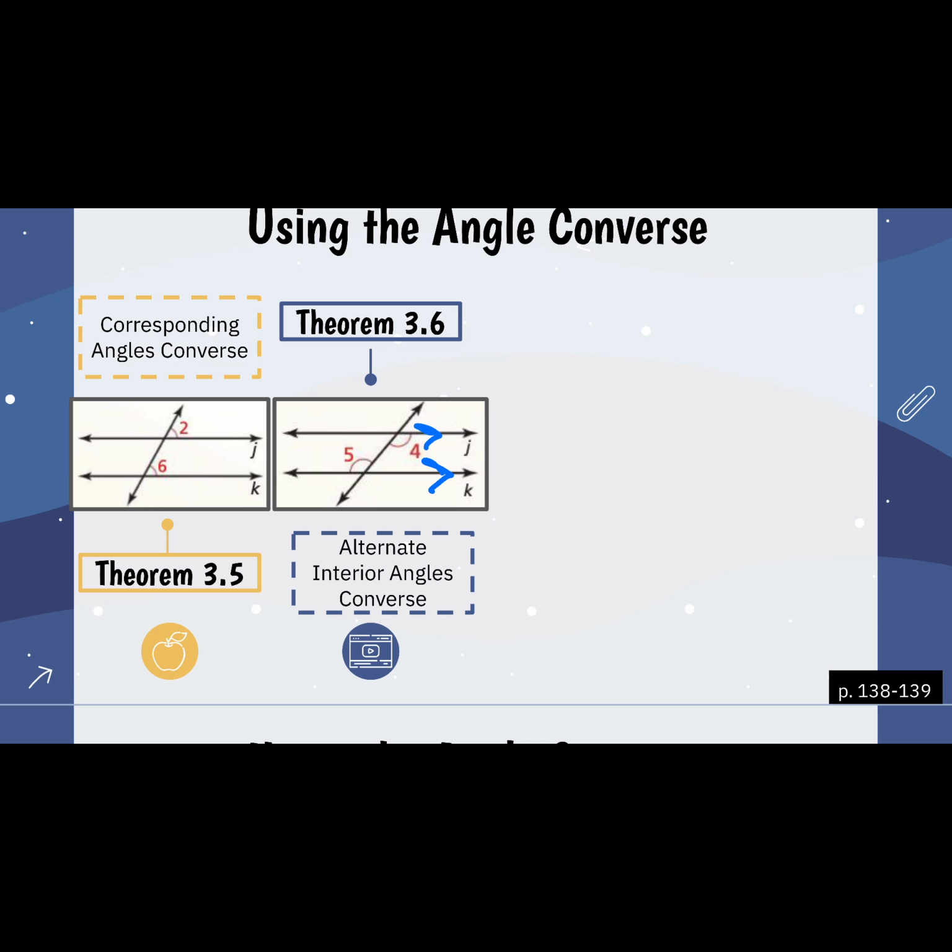So our name stays the same, right? 4 and 5 are alternate interior angles. We know that, or they're telling us that in the picture. Now for this theorem, we're just adding the word converse on the end because we're changing our perspective. We're saying that we have alternate interior angles, so that means that line J and K are parallel.